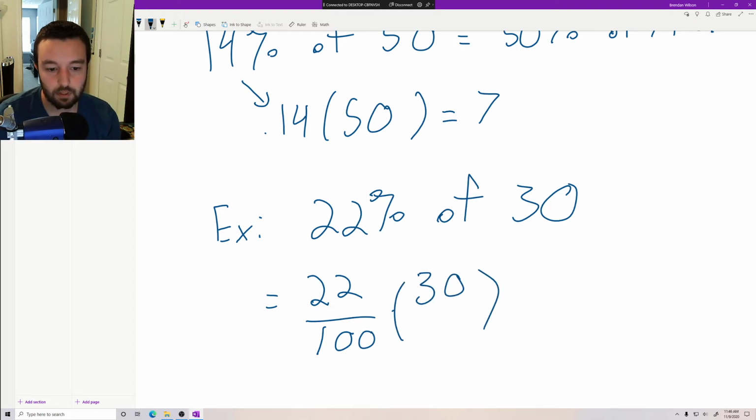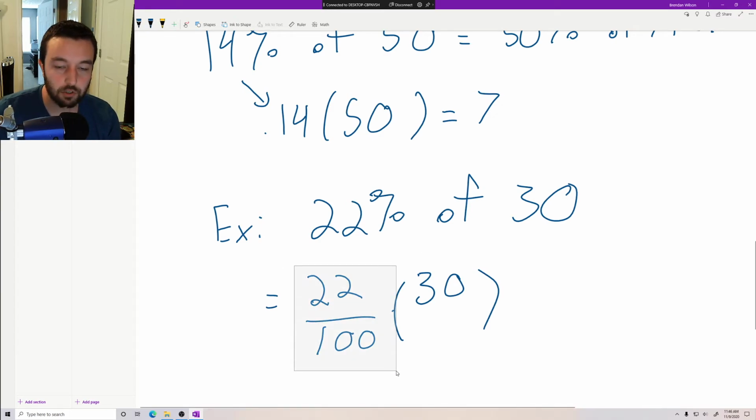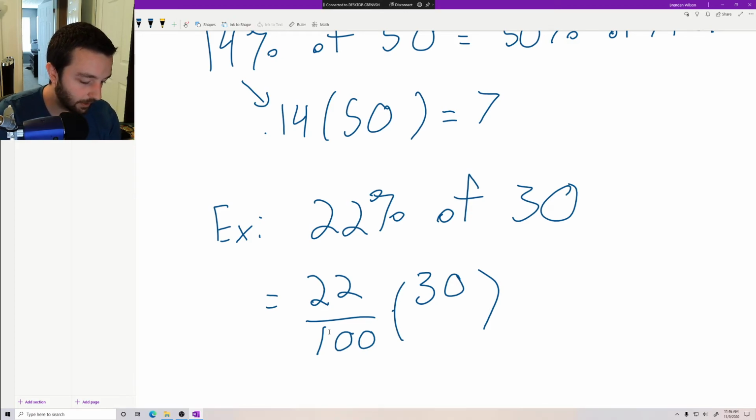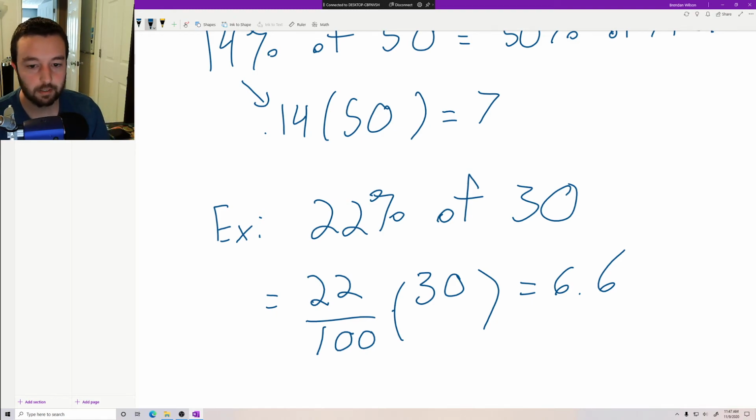So this part is converting it to a decimal. This part is the "of" part. So again, you can just move the decimal over 2 times, or you can divide by 100. Doesn't really matter. Either way, you'll end up doing 0.22 times 30. So we get 6.6.